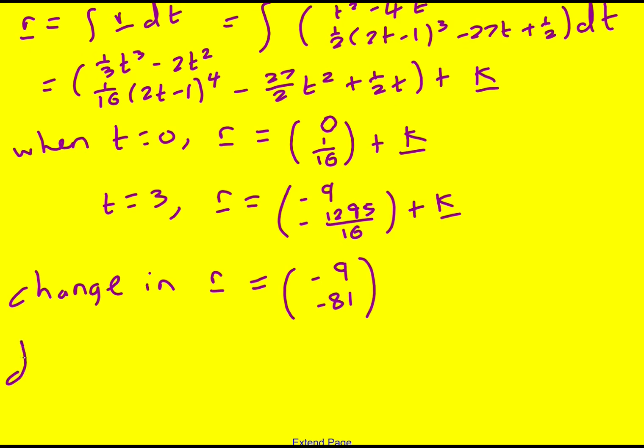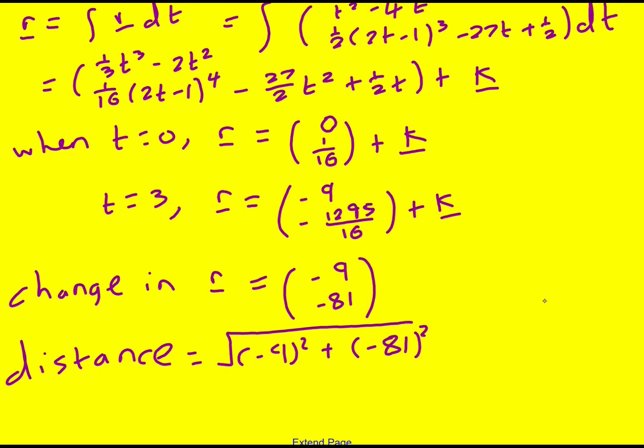So the distance, I can just use Pythagoras. Because let me just, so I'm going like this way and this way with my displacement. So I start here, I end up here. So the distance is then this hypotenuse.